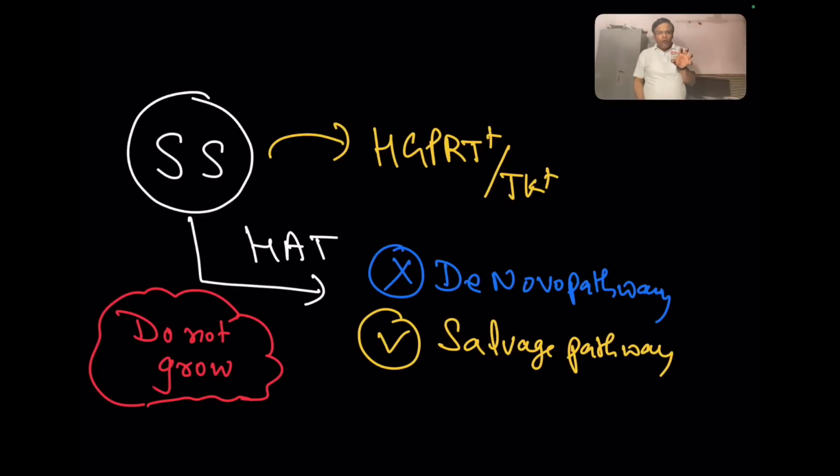Now if you put these cells within the HAT media, aminopterin blocks the de novo pathway. But as they have the enzymes HGPRT and TK, the salvage pathway will be operational. So the fused cells can synthesize nucleotides by the salvage pathway.